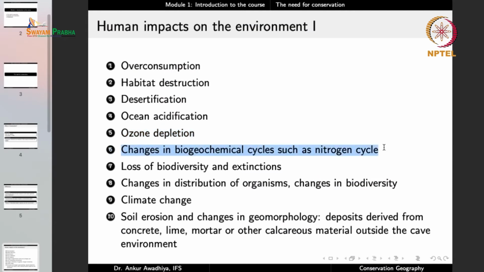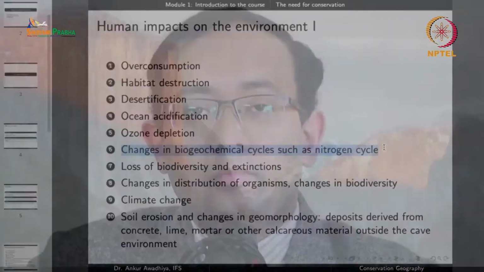We are making large scale changes in biogeochemical cycles or nutrient cycles, such as the nitrogen cycle. Now, the biogeochemical cycles are cycles through which nutrients move through the lithosphere, hydrosphere, atmosphere, and biosphere. So, they ensure that at all points of time organisms have access to different nutrients.